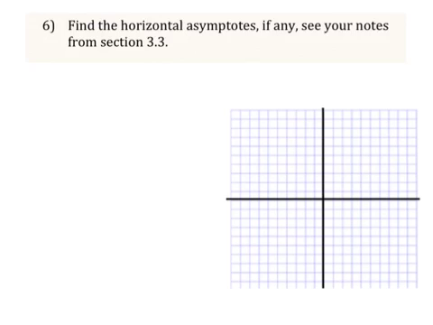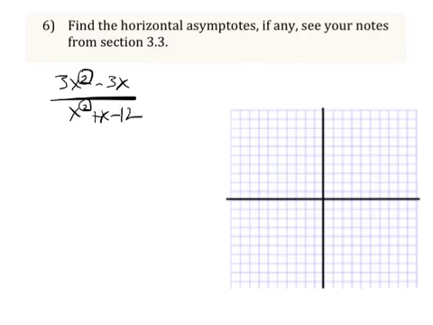Horizontal asymptotes come from our function. We had this (3x squared minus 3x) over (x squared plus x minus 12). So the powers are the same. So then we look at the coefficients. So our coefficients are 3 and 1. So then y equals 3 will be a horizontal asymptote. So I'm going to plot that. y equals 3.